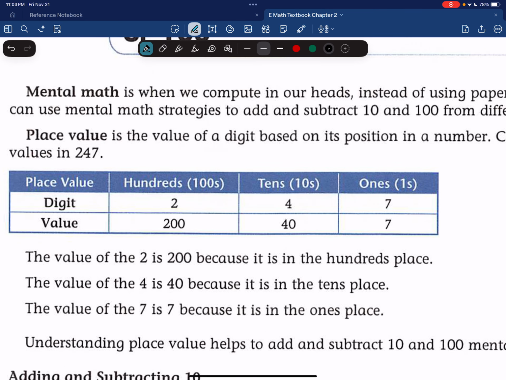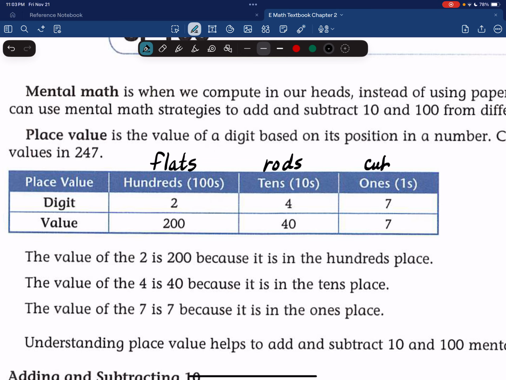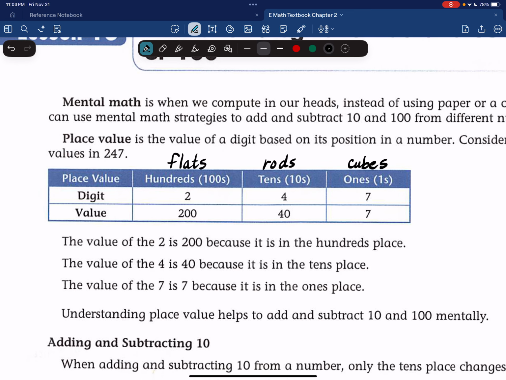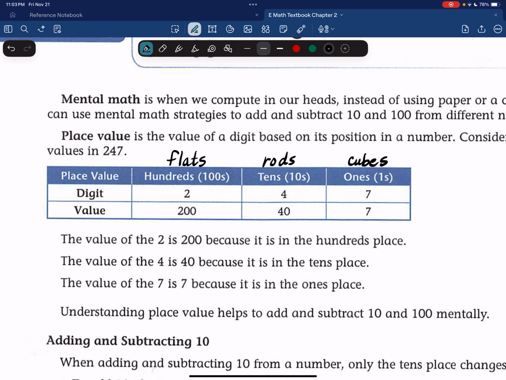And let me just remind you, we're talking about flats, rods, and cubes. The value of the 2 is 200 because it is in the hundreds place. The value of the 4 is 40 because it is in the tens place.